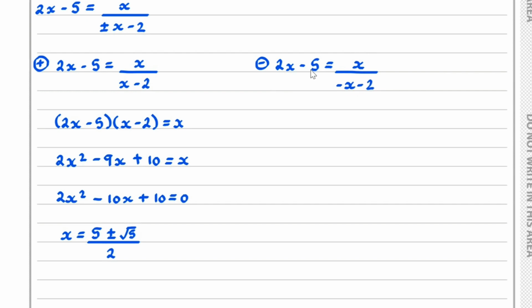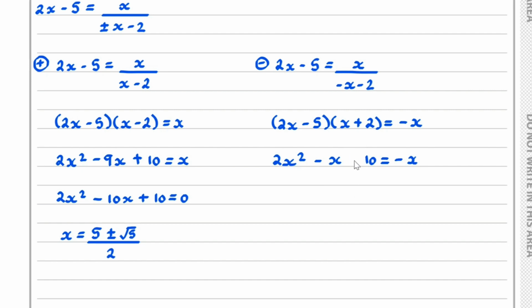And if we attempt to solve the negative case, taking out the minus as a factor here, we have 2x minus 5 lots of x plus 2 equals minus x. 2x squared minus x plus 10 is equal to minus x.